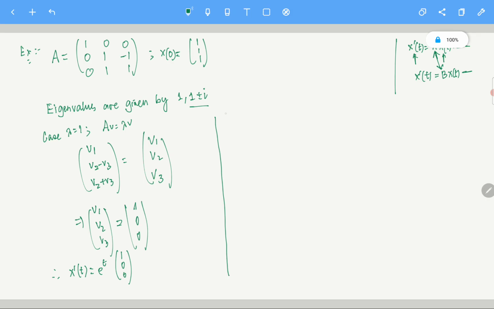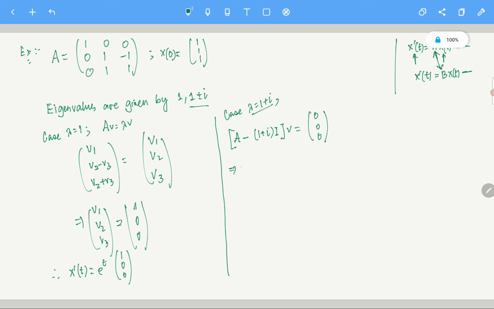So the case lambda equals 1 plus i. In that case you are looking for a non-zero vector v such that (A minus lambda I) times v is (0, 0, 0).